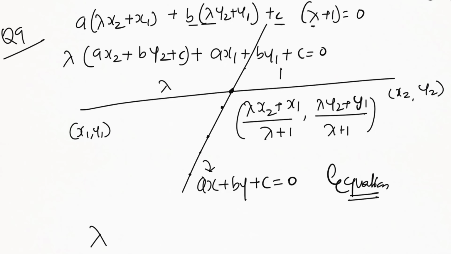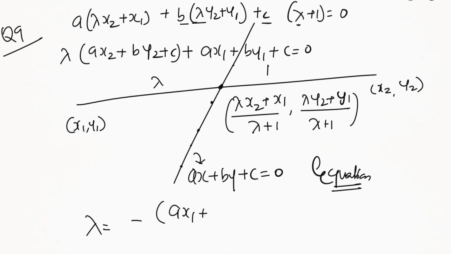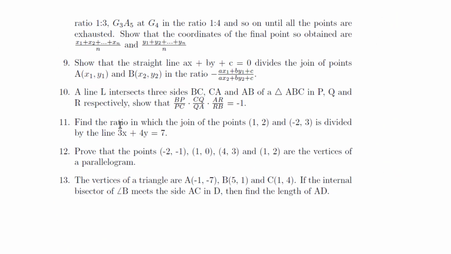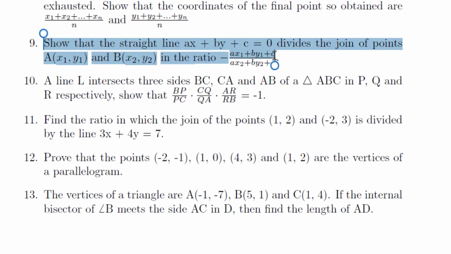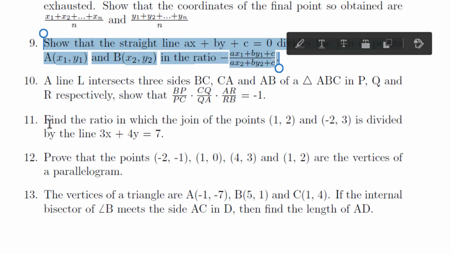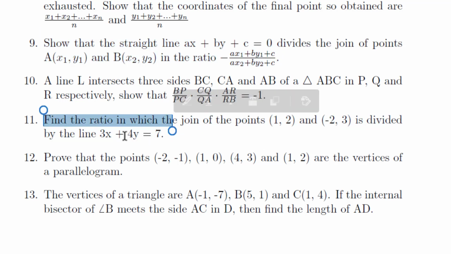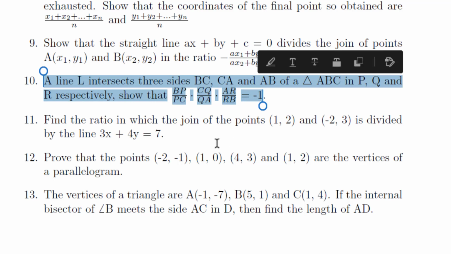So lambda is the negative of (ax1 plus by1 plus c) over (ax2 plus by2 plus c). We'll be solving this question, but this is one specific example in which two points are given and we have to find the ratio. Alright, let's do number 10 quickly and then move to 11.